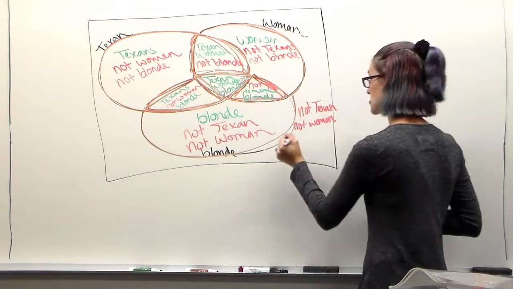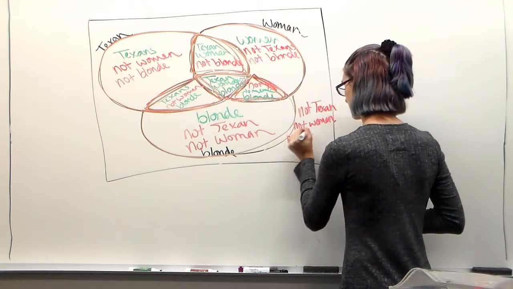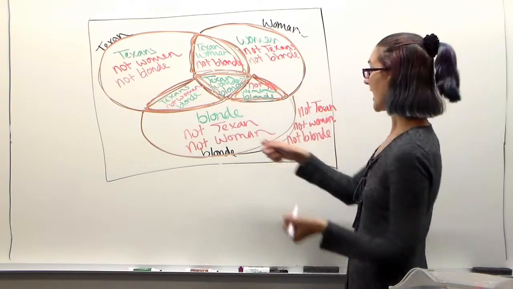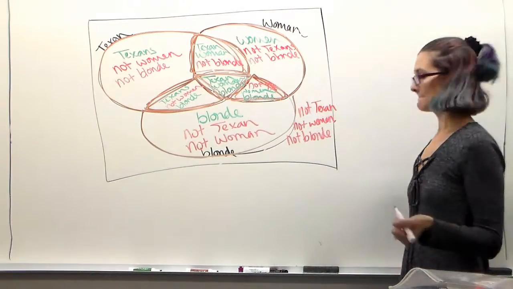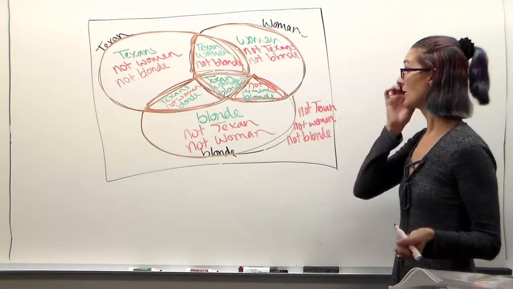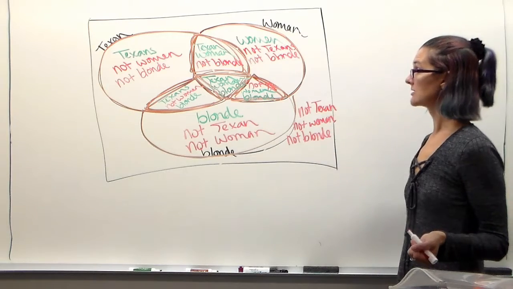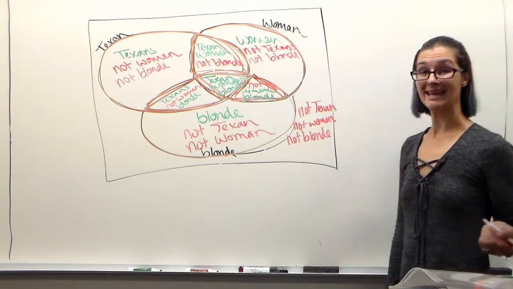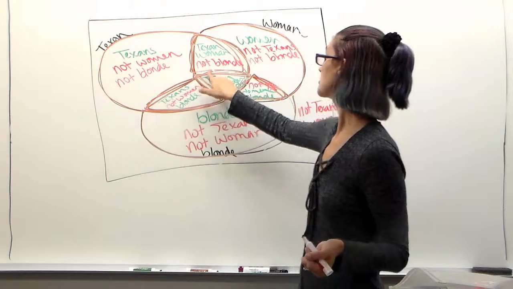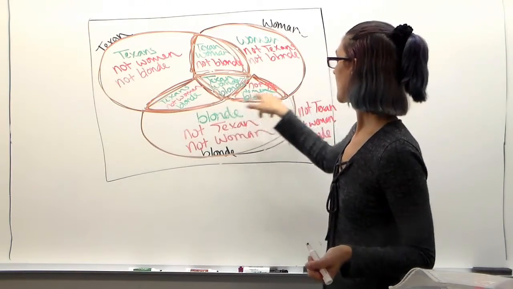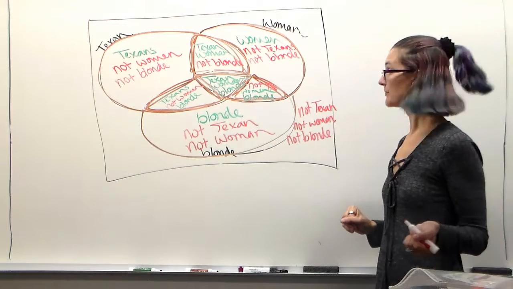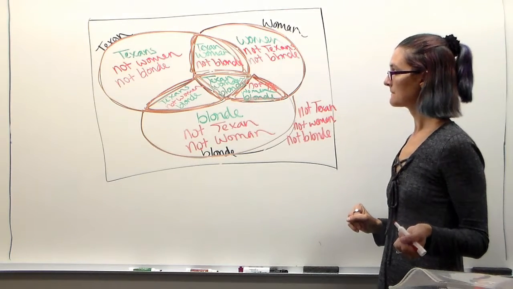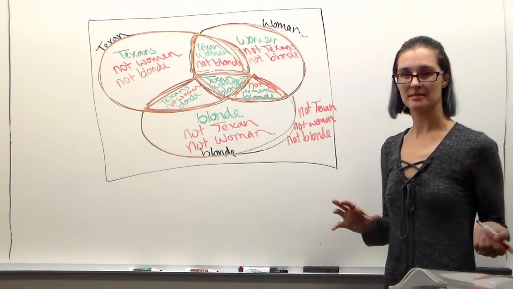If they're not in the blonde circle, they are not blonde. Did we have an area where all three pieces of information were red? And so that is a whole new section. There should be 8 sections. You have 1, 2, 3, 4, 5, 6, 7, and outside is 8. Okay. Does that kind of make sense?